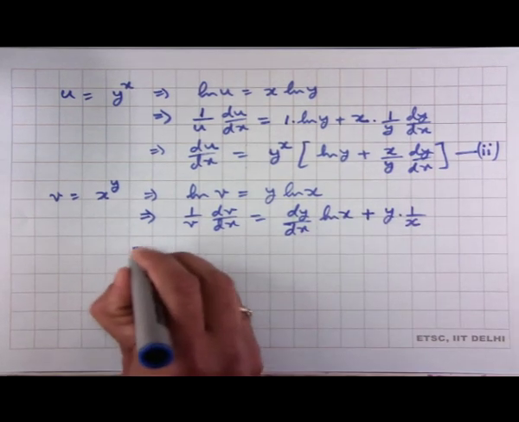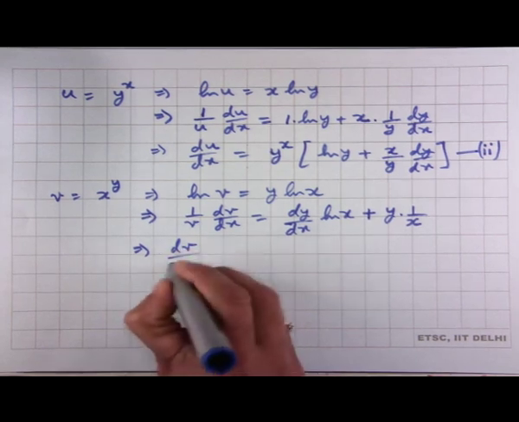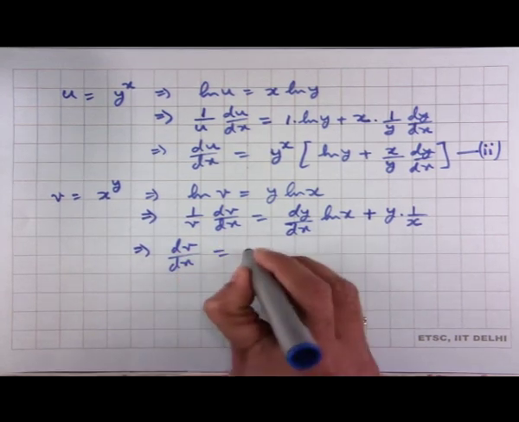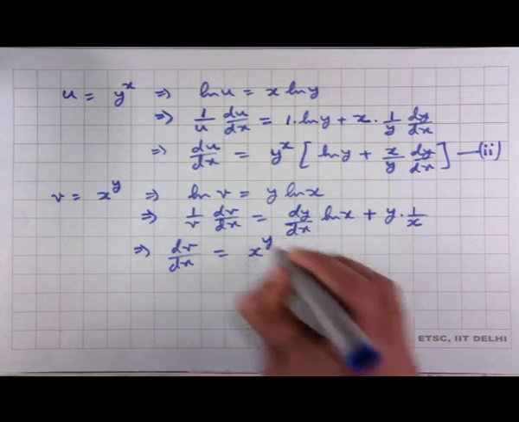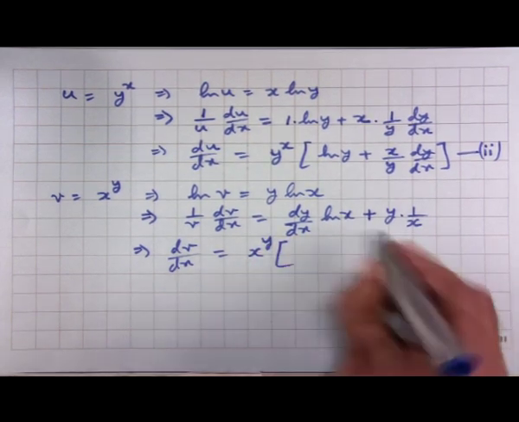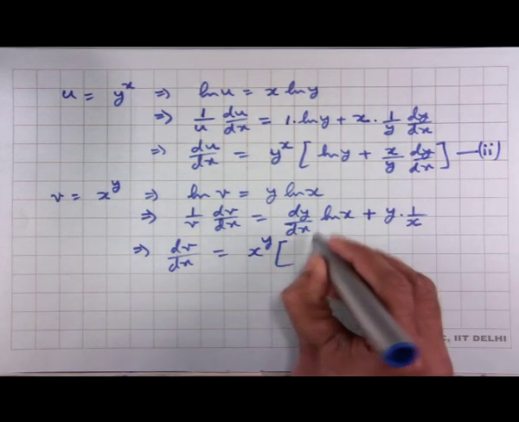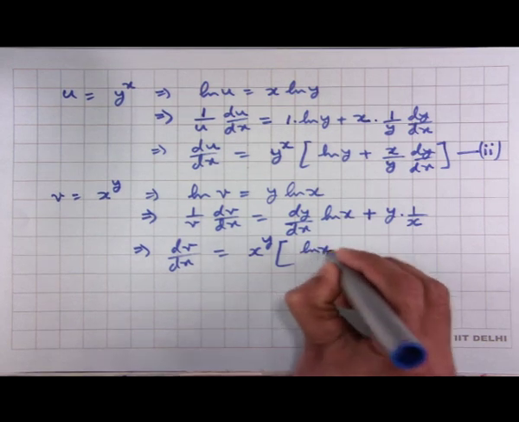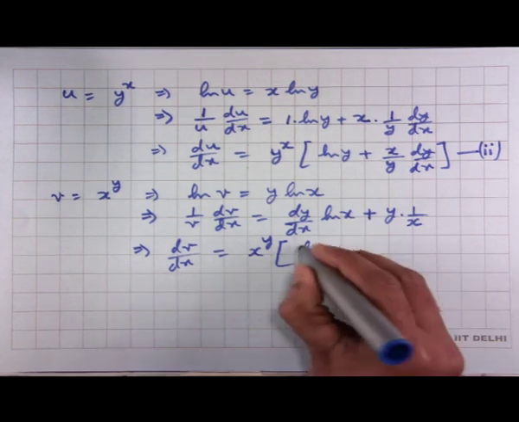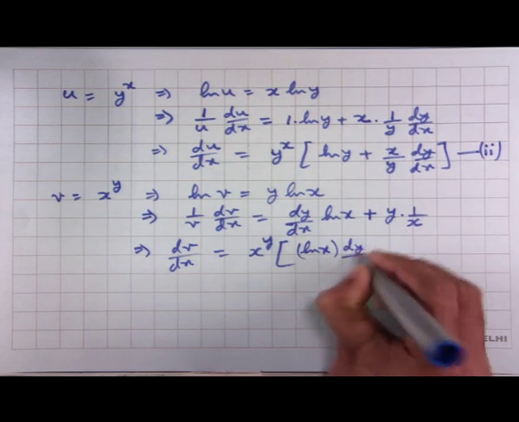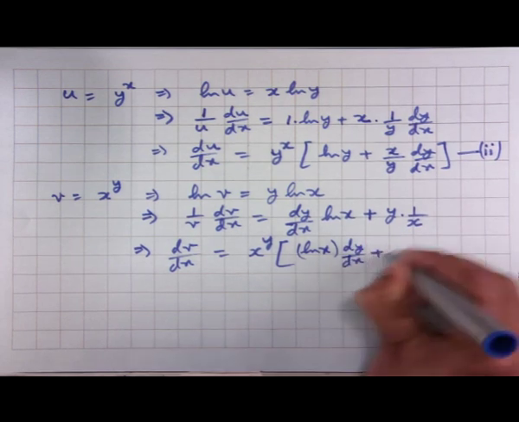So, this implies dv dx is v, which is x to the y, times ln x dy dx plus y by x.